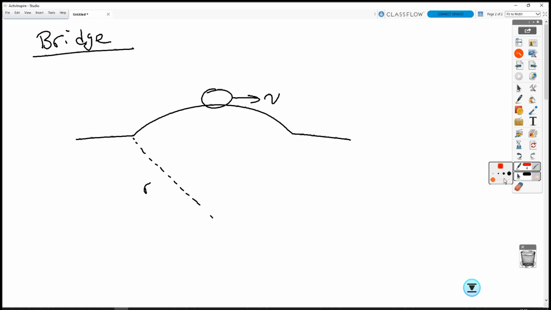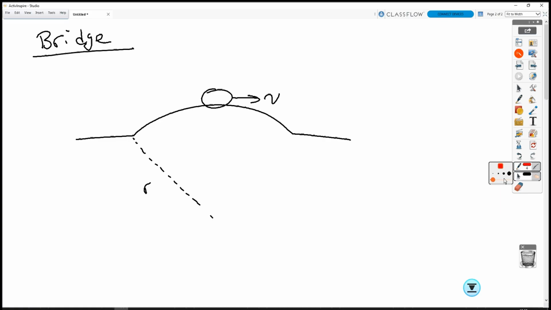Now, as it's moving forward, we're going to see that some things happen that you might not expect when things are stationary. So let's assume first it's stationary. If that was stationary, there are 2 forces acting on the object. Its weight pointing down, and then the normal reaction from the bridge on the object pushing up in equal magnitude. So the resultant force would be 0.